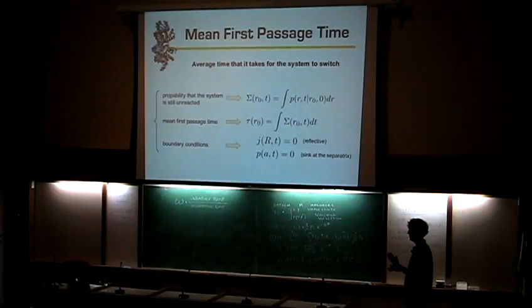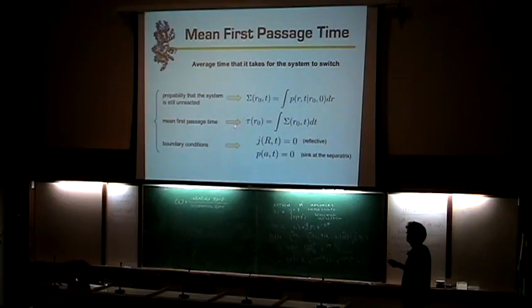You're just seeing how long it takes to jump to the other peak, and if your system gets to the other peak, you measure that time, and then it's over. So the probability that it's still unreacted, meaning still not in the other peak, is just the integral of this probability of being at position R at time t, right?